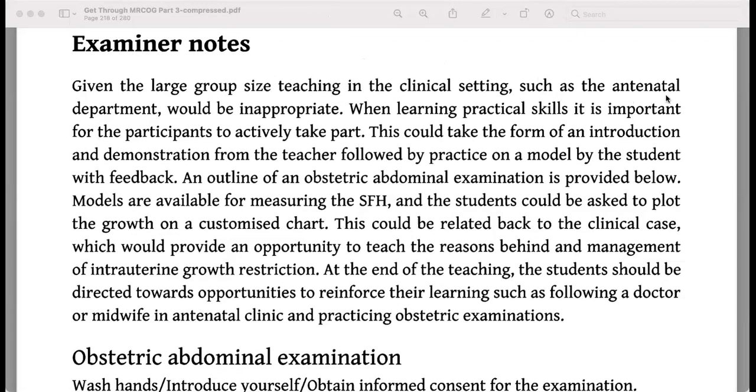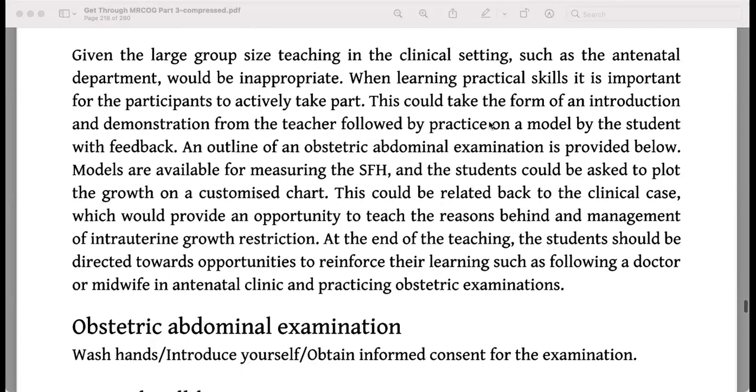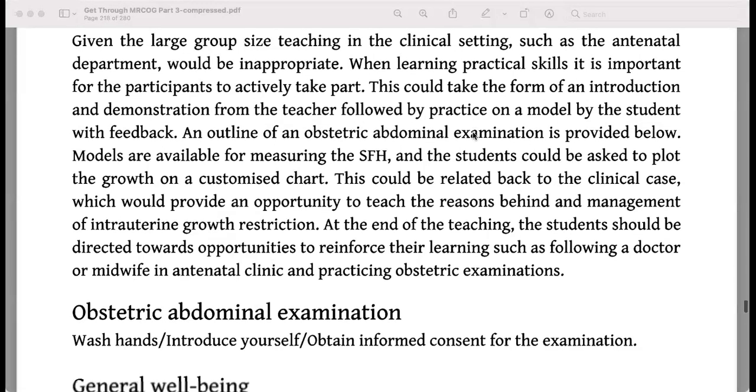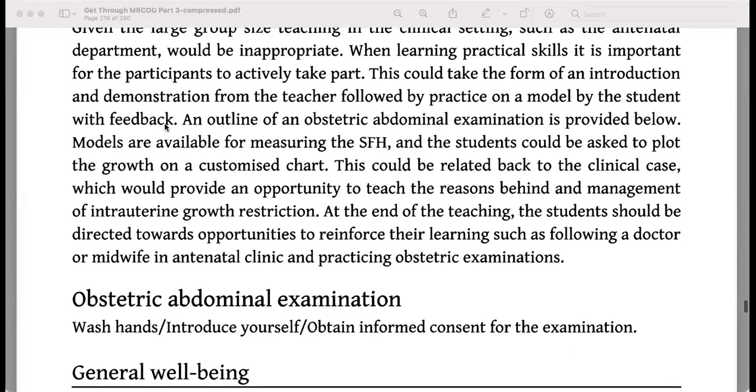Given the large group size, teaching in the clinical setting, such as the antenatal department, would be inappropriate. When learning practical skills, it is important for the participant to actively take part. This could take the form of an introduction and demonstration from a teacher, followed by practice on a model by students with feedback.